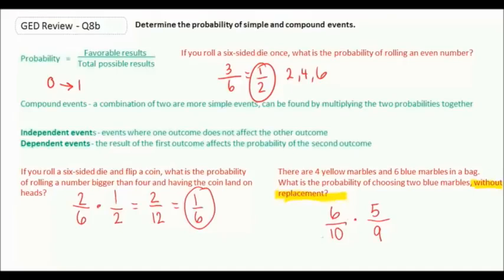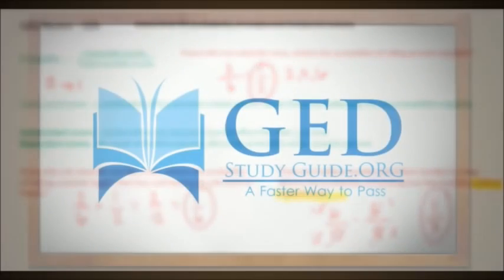We'll simplify before we multiply. 5 goes into 5 once, 5 goes into 10 twice. 3 goes into 6 twice, and 3 goes into 9 3 times. And actually I can simplify here more. They reduce. So really it's just 1 times 1 is 1, and 1 times 3 is 3. And that is our dependent probability.